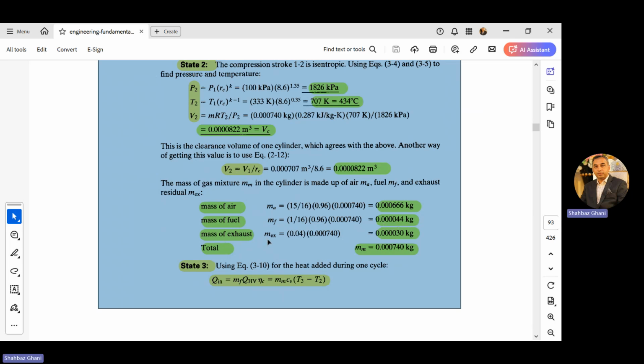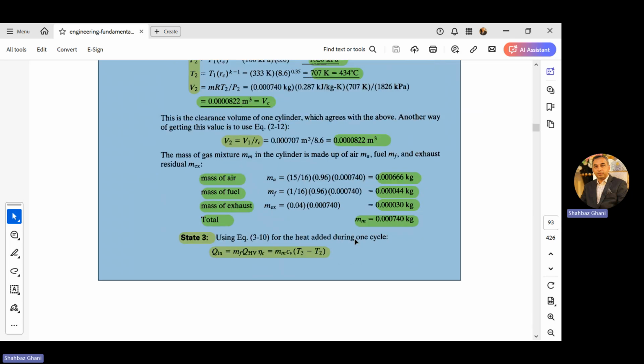Now the mass of exhaust gases is 4% exhaust residue, so 0.04 times mass of mixture gives 0.000030 kilogram. Adding all these three gives the mass of mixture, which we have already calculated. Now at condition point 2, we have found the pressure, temperature, volume, and masses.